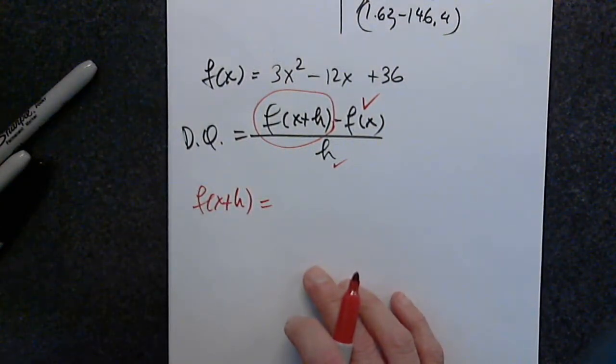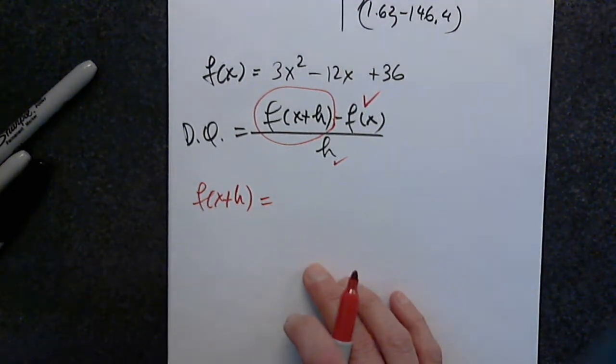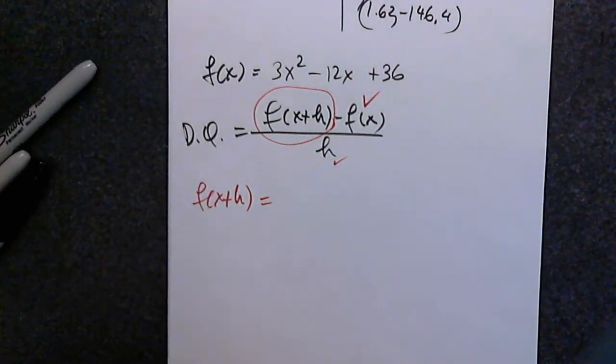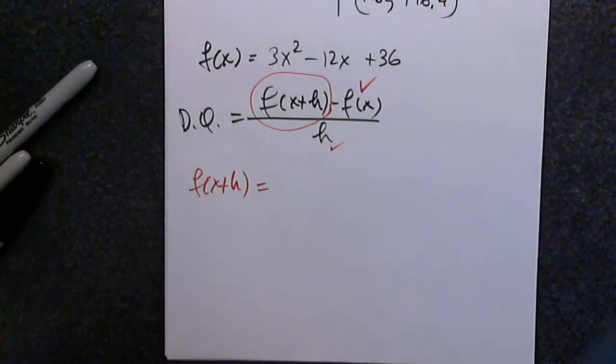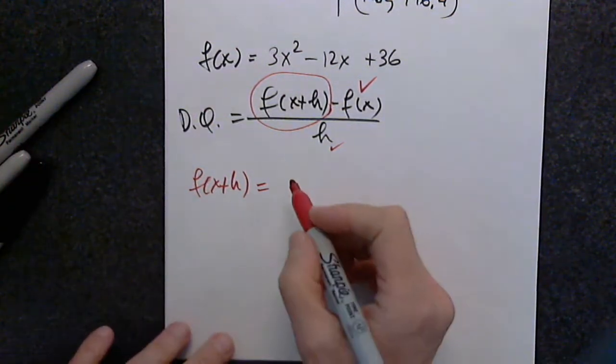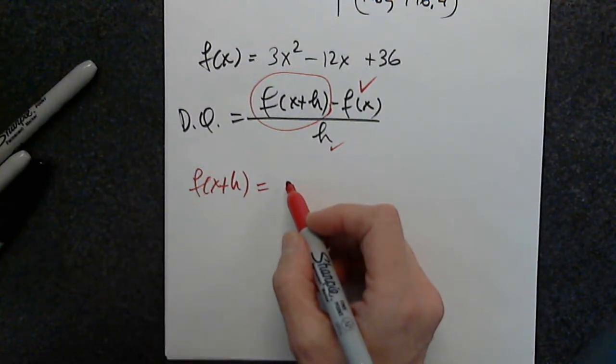How do I determine f of x plus h? It's the same thing as determining f of 5. After x, we put x plus h. Replace.